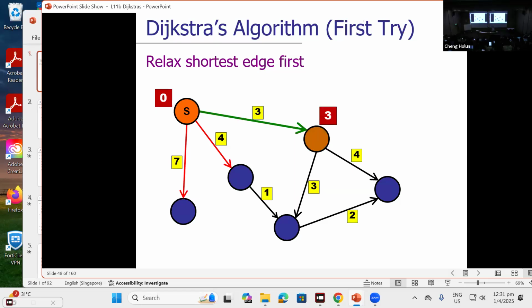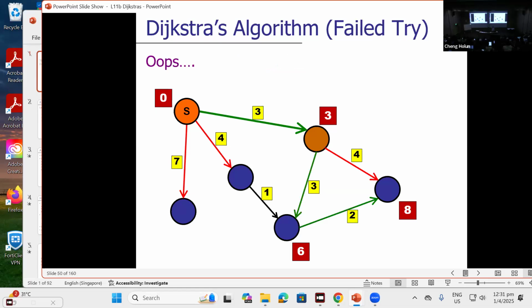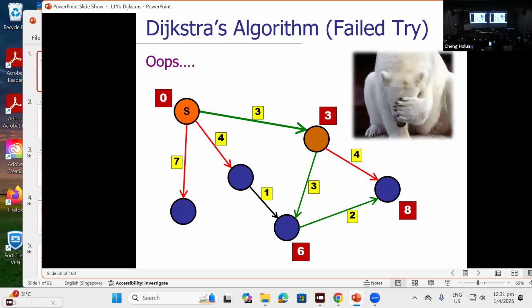Now I know that this estimated distance is 3. And I try to relax the next shortest edge, which is 3, so relax this. Are we done? Cannot, because you have actually relaxed the distances of 8 and 6, which you cannot recover already. So, failed try. We are not relaxing the shortest outgoing edge.